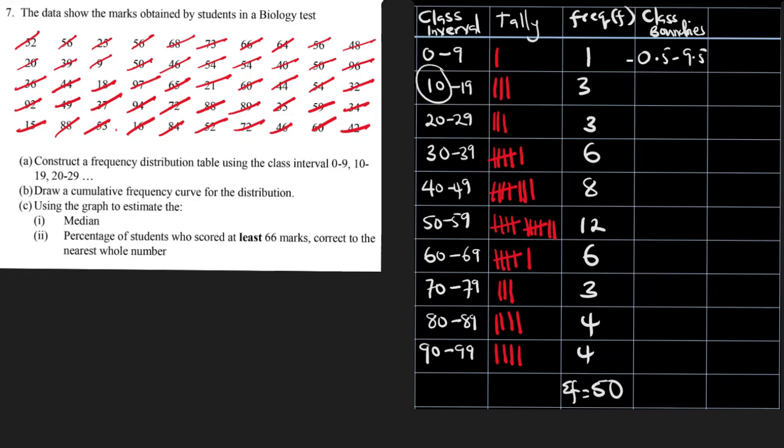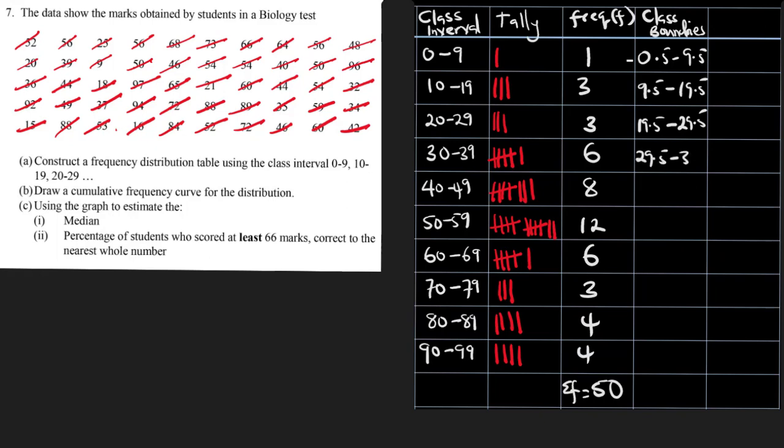Then we subtract 0.5 and add 0.5 again: this one is 20 minus 0.5, which is 19.5, to 29.5.